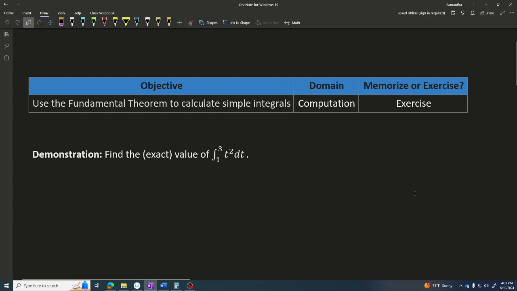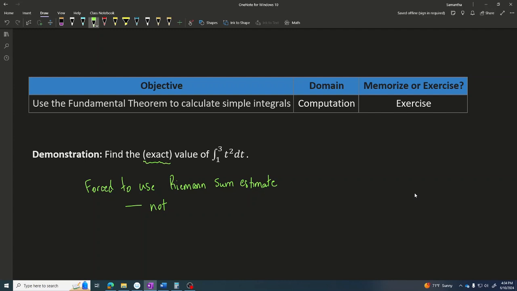So in a situation like this one, I would be forced to use a Riemann sum estimate. But a Riemann sum estimate is not permitted because it is not exact.